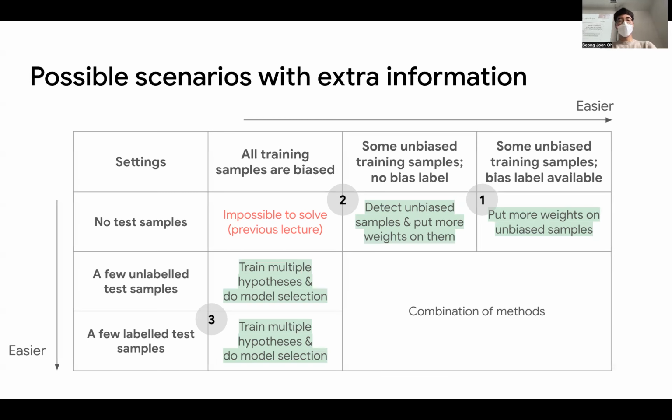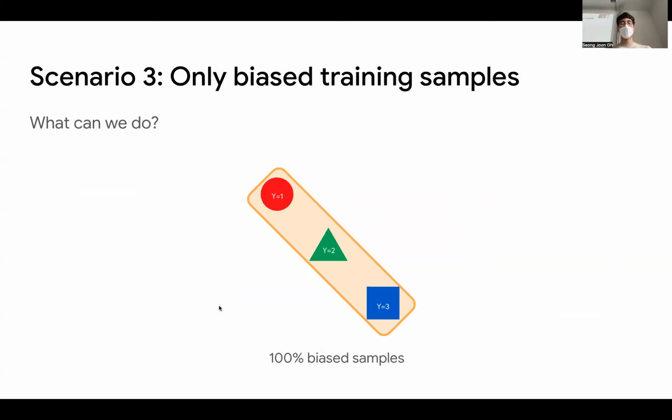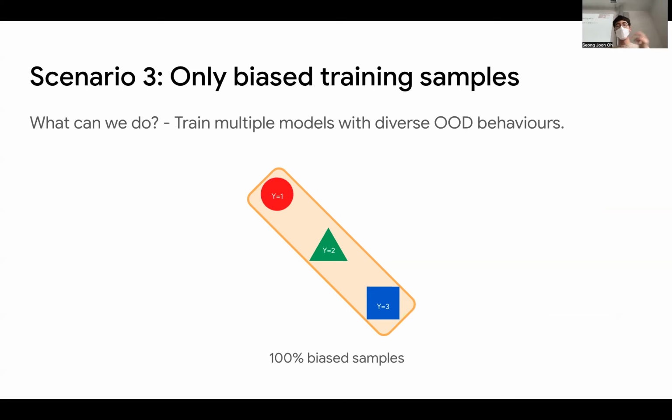So let's talk about scenario 3 now, when you have a few unlabeled samples at test time. So you only have biased training samples to start with. What can you do in these cases? What we can actually do is to train multiple models with diverse OOD behaviors.